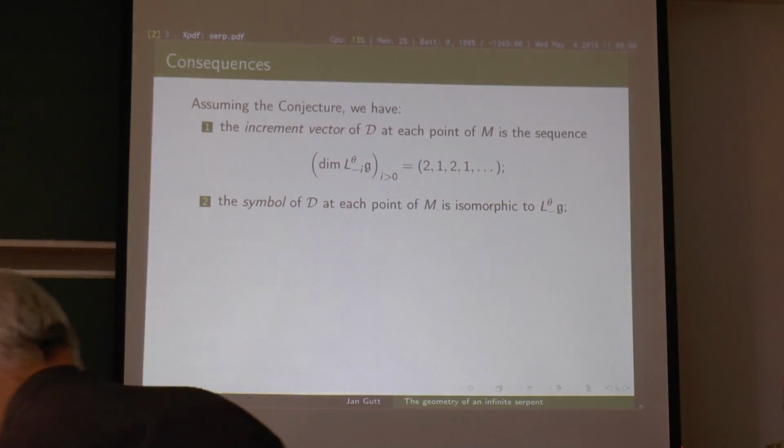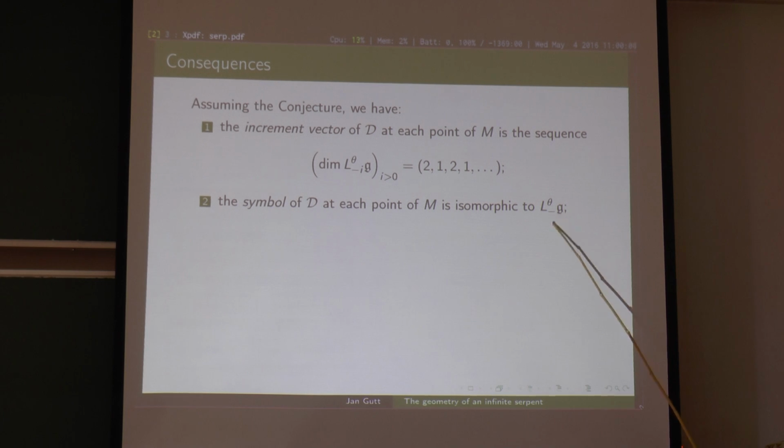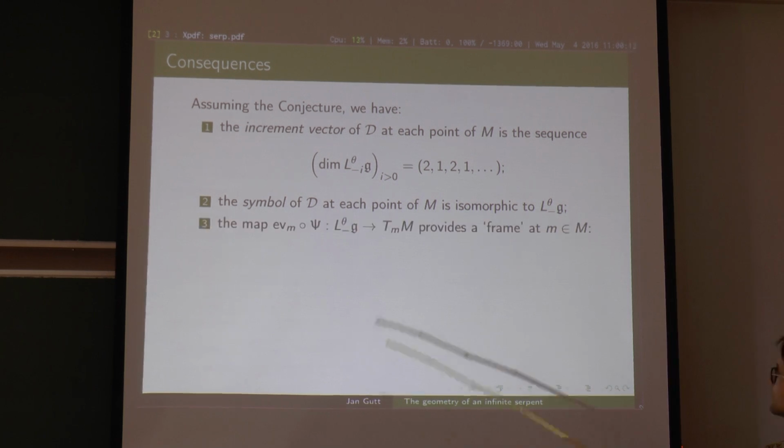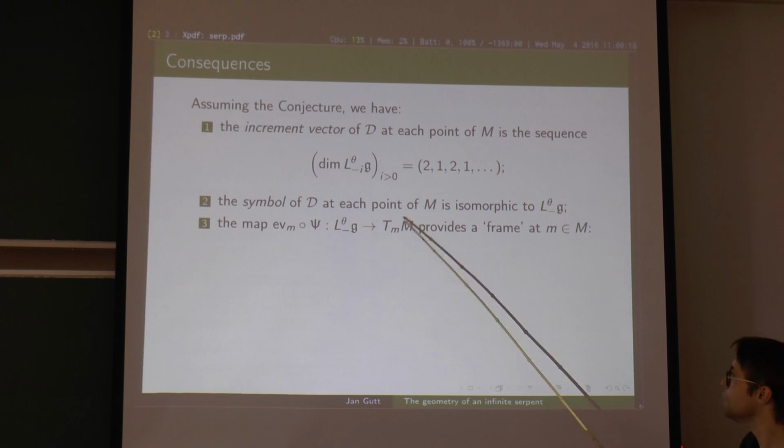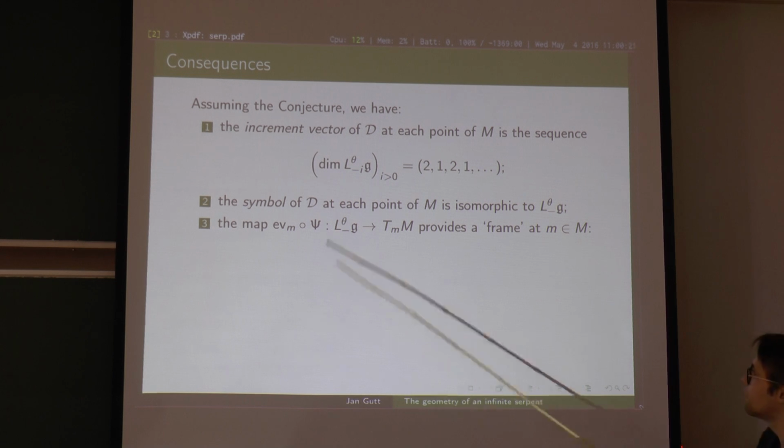Whatever the symbol is, I also identify the symbol. The symbol is isomorphic exactly to this negative graded Lie algebra. So this answers the question about the symbol, but we don't talk about that here. Now the more interesting thing is that at each point of our configuration space, we now have a kind of frame with values in this Lie algebra.